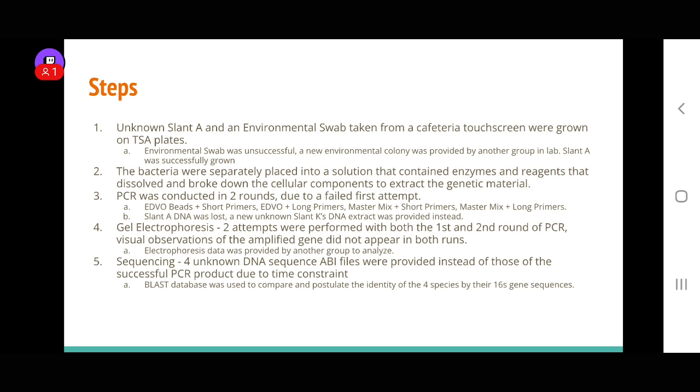And of course we had the sequencing at the very end where we were given four unknown DNA sequence ABI files. Since our gel electrophoresis and our PCR runs were both unsuccessful, we were given four unknown sequences from the instructor, and we just compared those against those in the BLAST database.